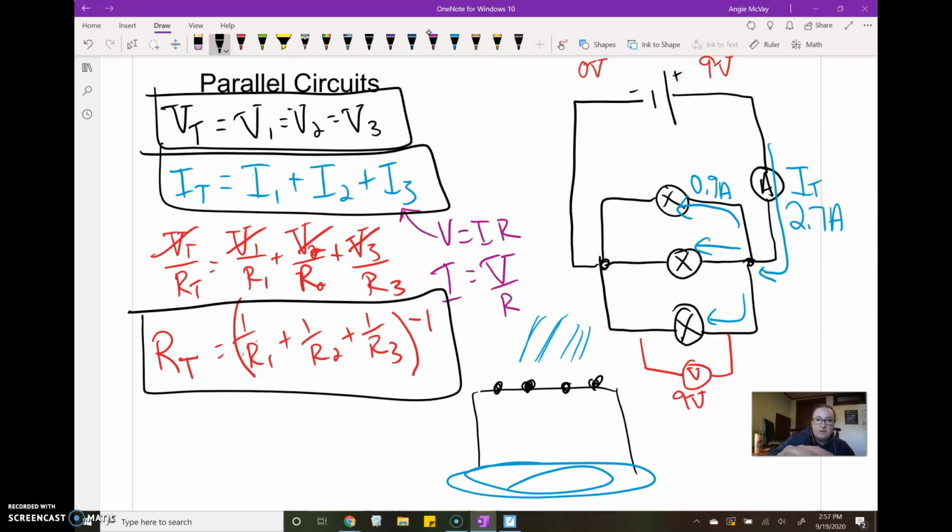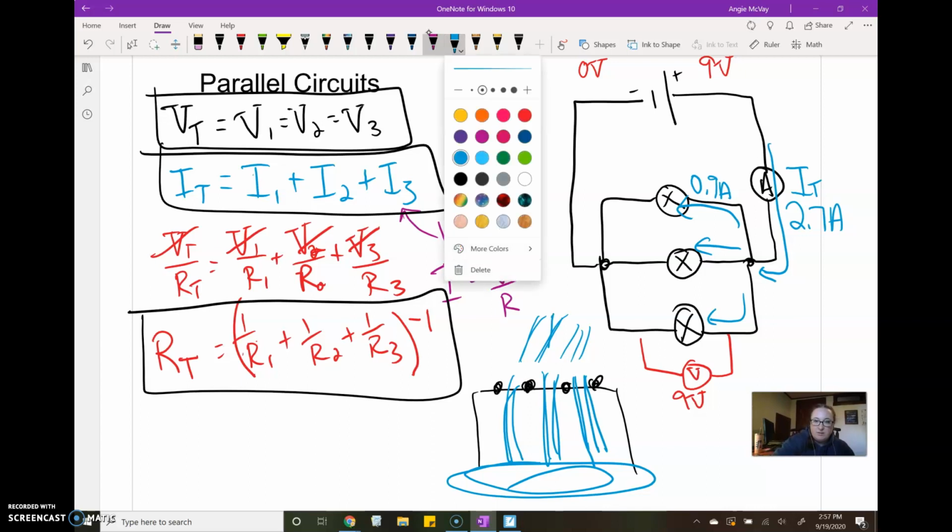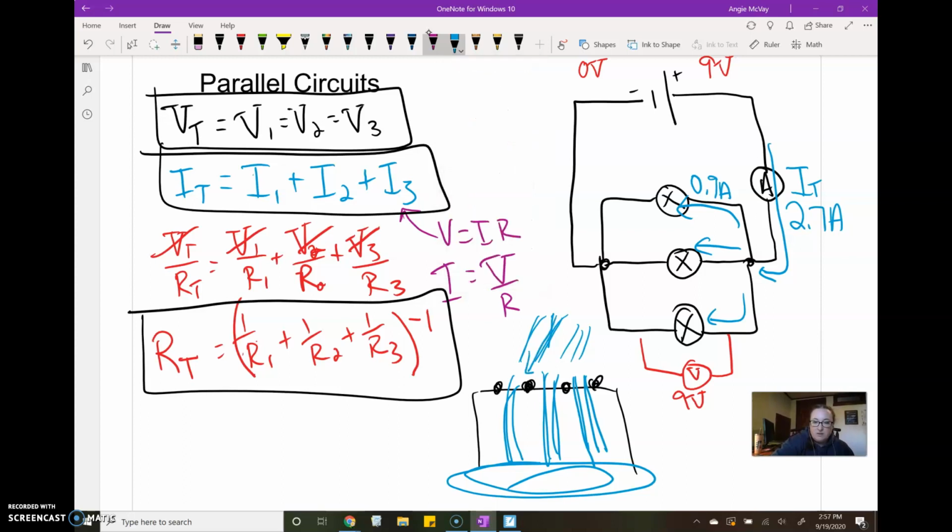And so the total water gets split into 3 separate waterfalls, right? So we can see that the total current that's coming in, this is I total, and then it gets split into 3 pieces: I1, I2, and I3.